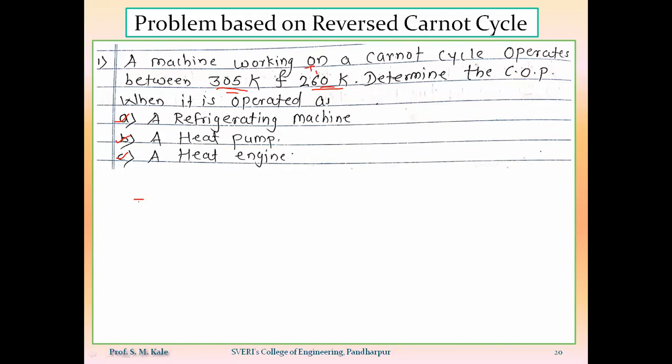So in the given data, the value of T1 is 260 Kelvin, and the highest temperature is 305 Kelvin, so the value of T2 is 305 Kelvin.